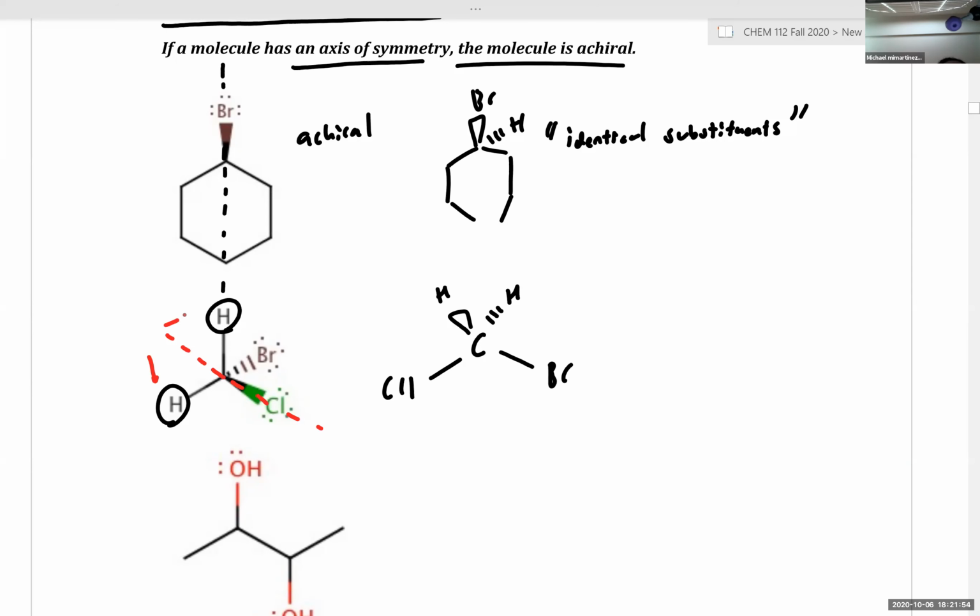And as we can see, both of our substituents on the opposite sides of our plane of symmetry are identical. So as a result, this center is achiral.